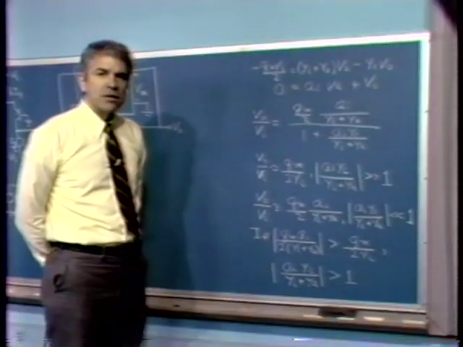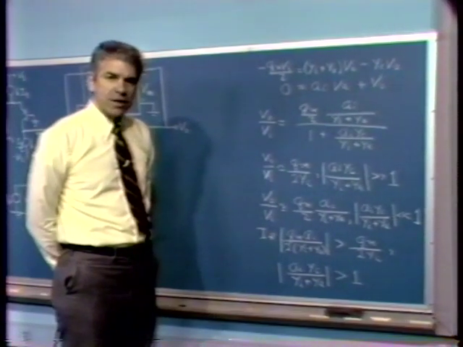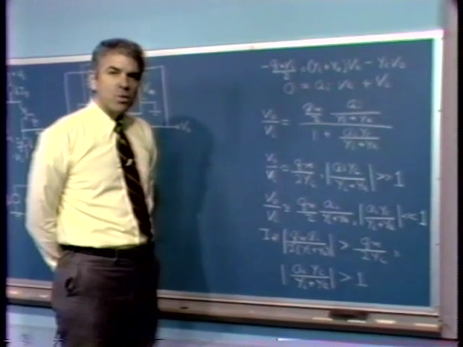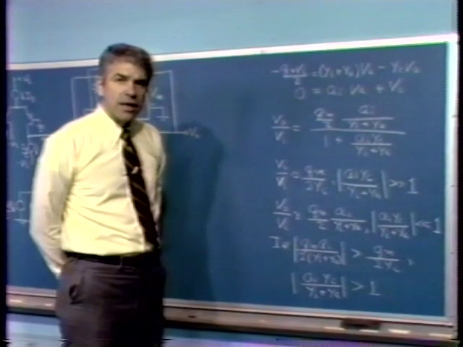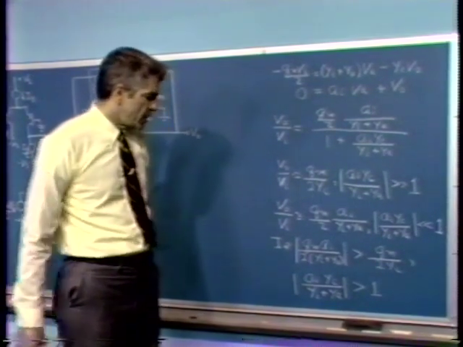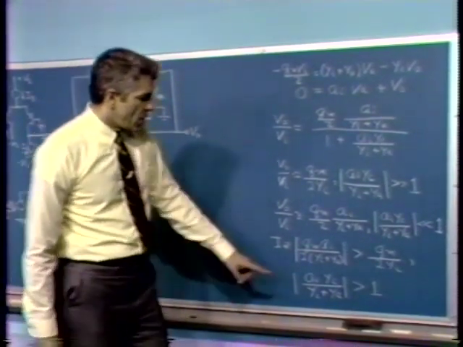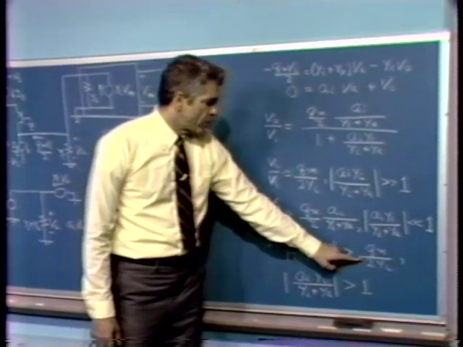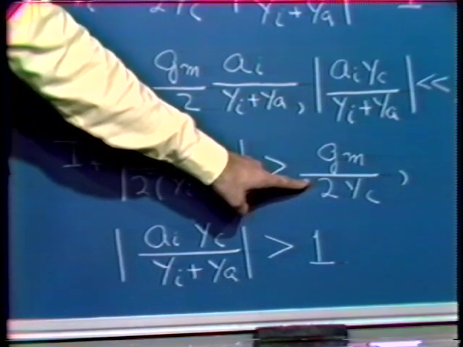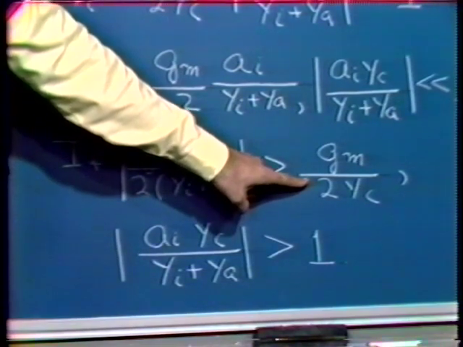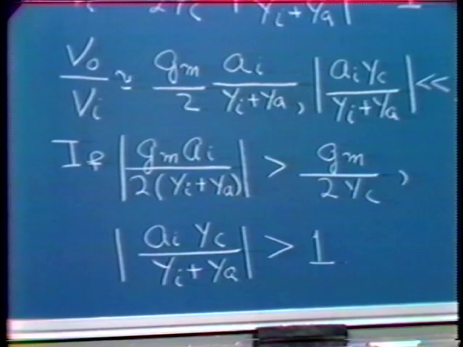Well, exactly as we did in our general discussion of minor loop compensation, a very convenient way to look at this, and a very nice way to do design, is to draw these two quantities. We draw G sub M over 2Y sub C, which is the approximation that we would use when the transmission around the minor loop has a magnitude large compared to 1.